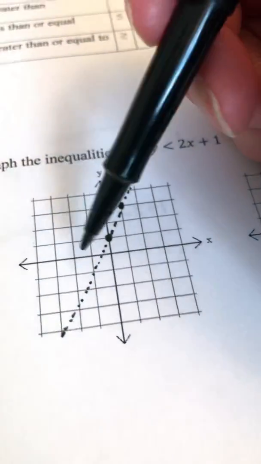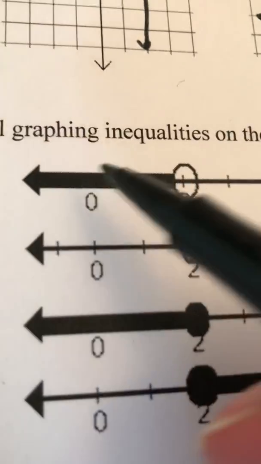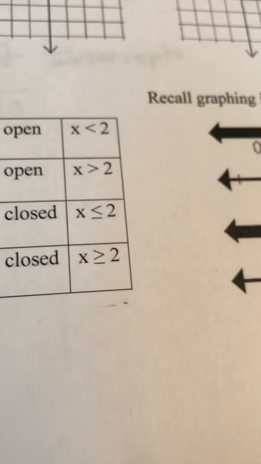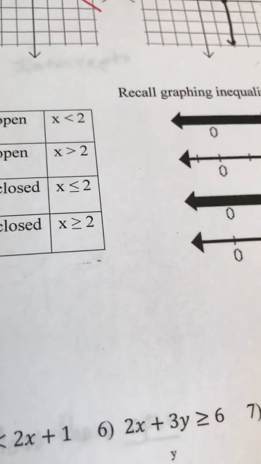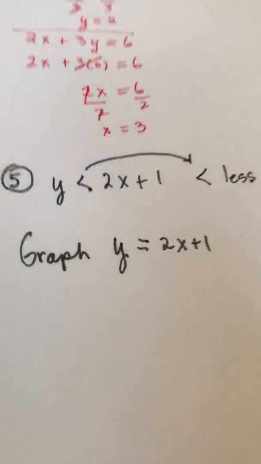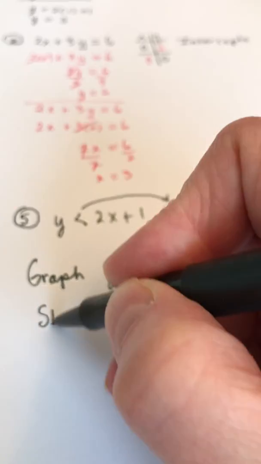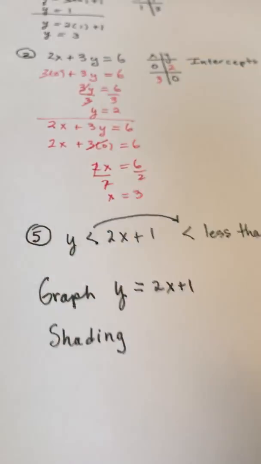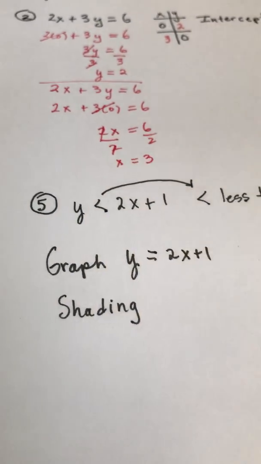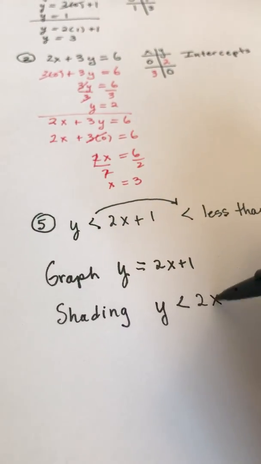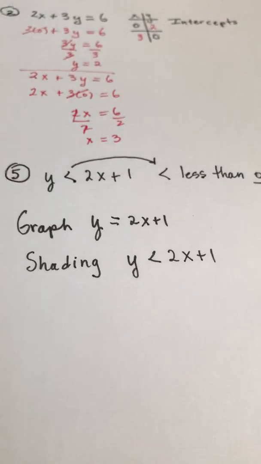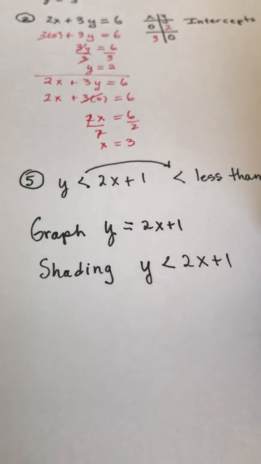Now we're going to shade either on this side or that side, just like up here where it was open. We shaded either on this side or that side, depending upon the less than or greater than symbol. To check for shading, to know which side to shade on, you go back to your inequality, and what I do is a test point.